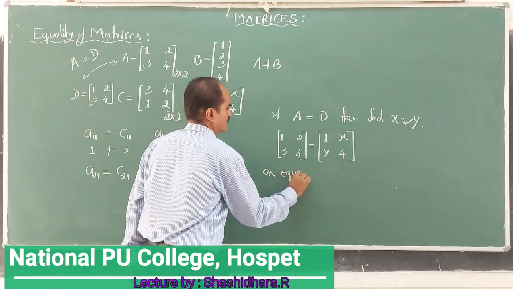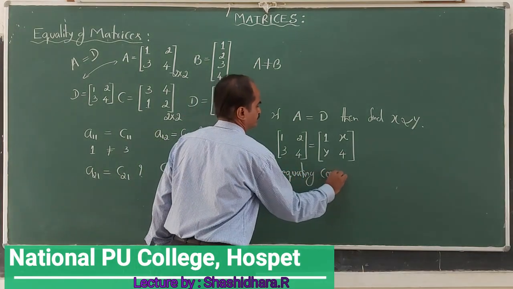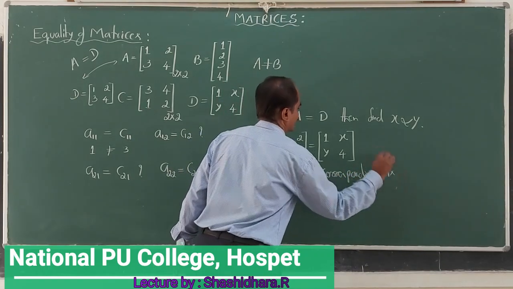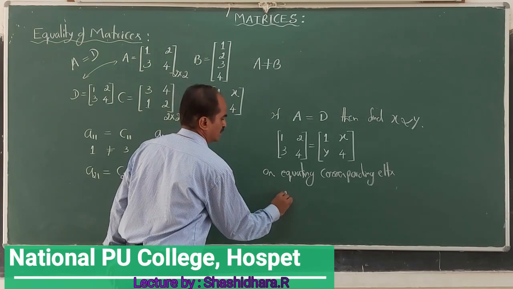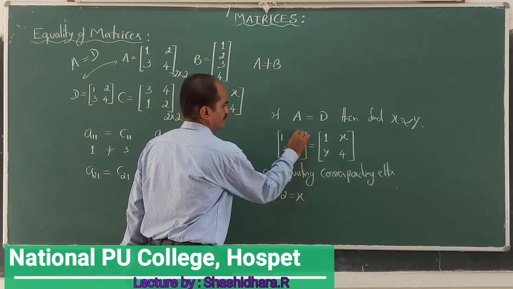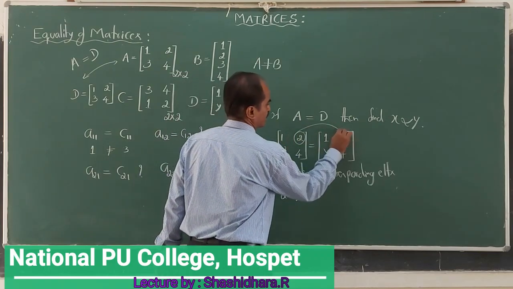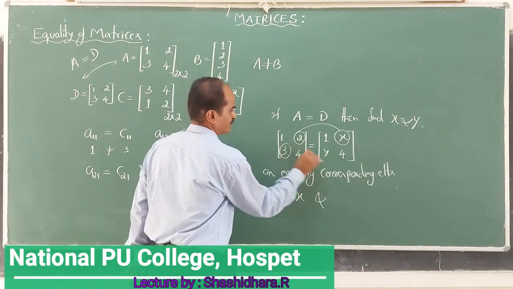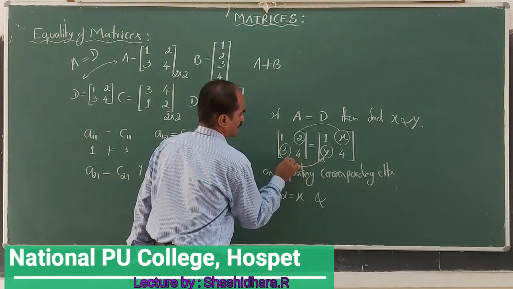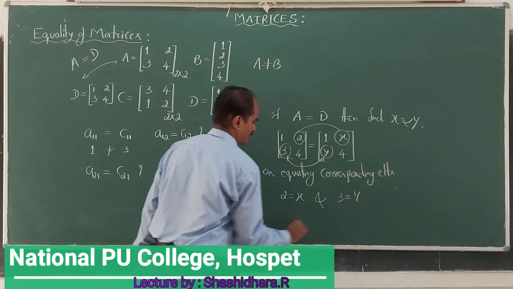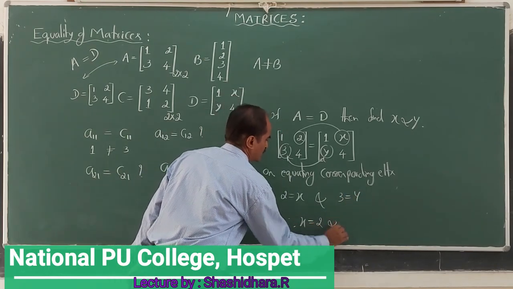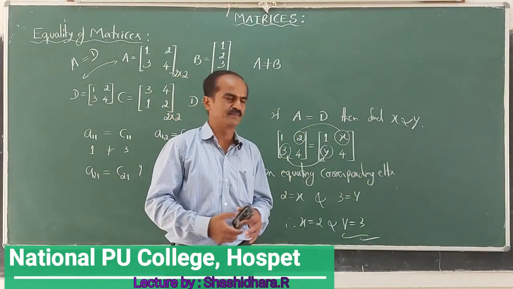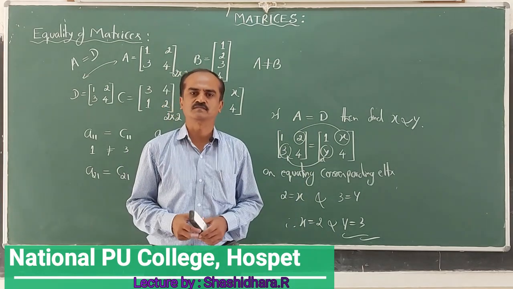So on equating corresponding elements, we get 2 equal to X. The element corresponding to 2 in the second matrix is X, 2 equal to X. And not only this, the element 3 must be equal to Y. Therefore, we get X equal to 2 and Y equal to 3. So on equating corresponding elements, we are able to get the values of unknowns.